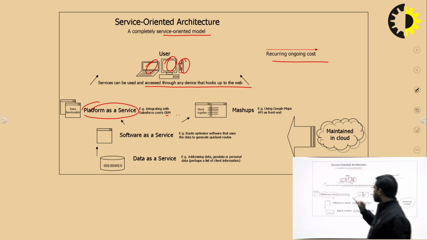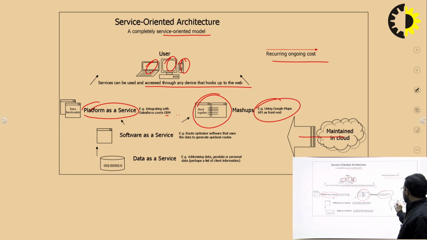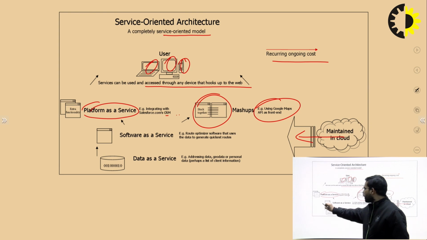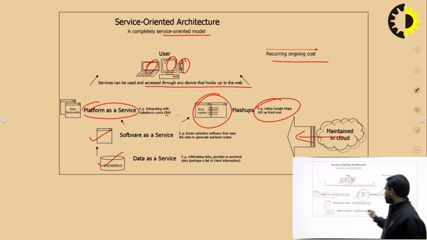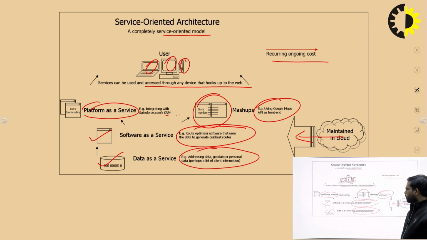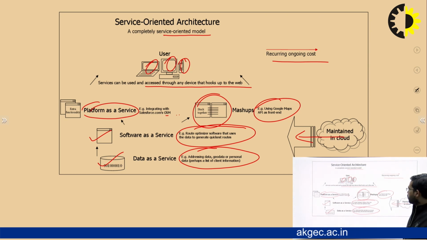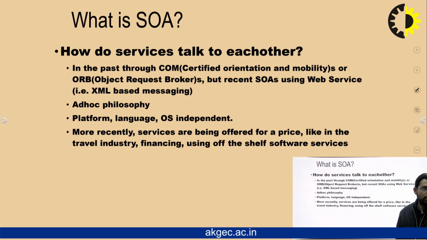Examples are integration with Salesforce, and mashups using the Google Maps API as a front end maintained in the cloud, so software as a service and data as a service. Another is route optimization software that uses data to generate the quickest routes, or addressing data, geodata or personal data, perhaps a list of client information. The user uses those services according to the user's need. That is called service oriented architecture.